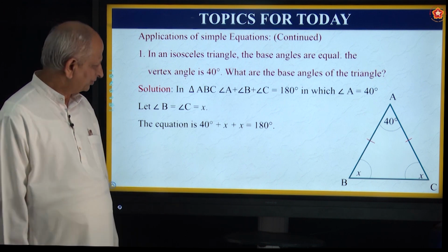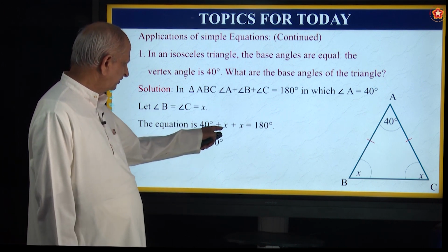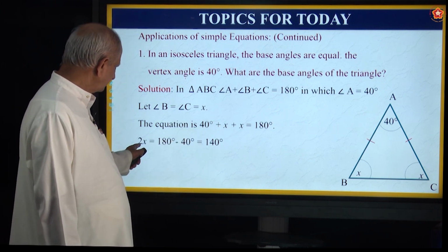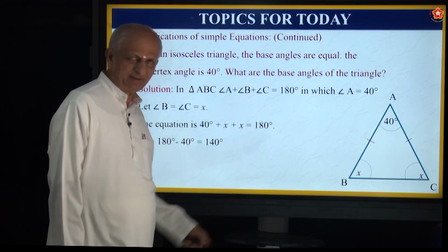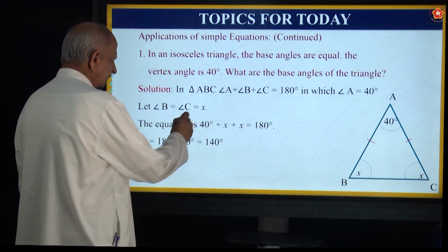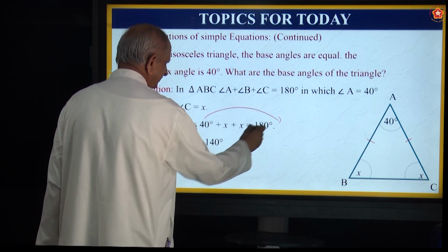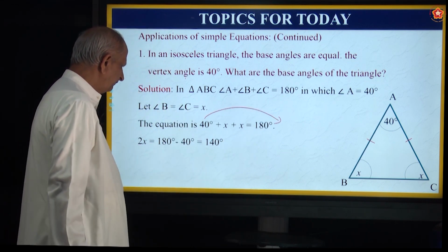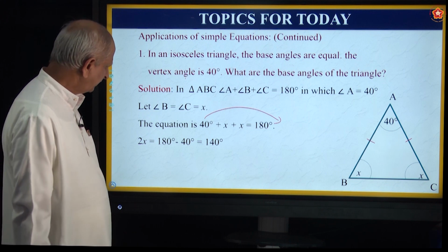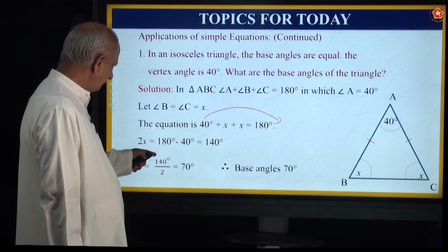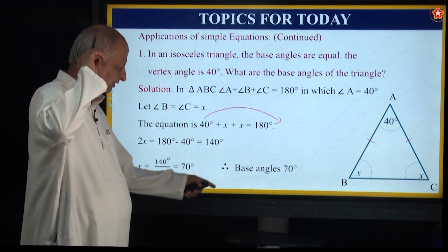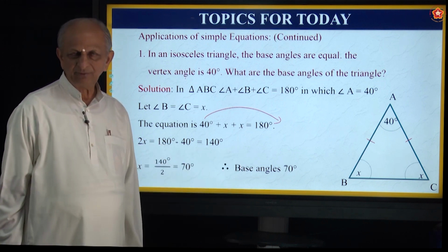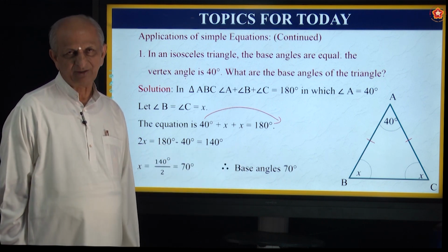Is it not? So suppose you add these two, what do you get? 2x. So 2x is equal to, bring this to the right side. So 40 should be brought to the right side. So 180 minus 40 becomes 140. So x becomes 140 by 2, that is 70 degrees. Base angles will be 70 each.